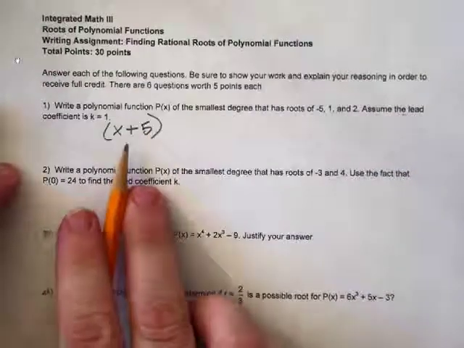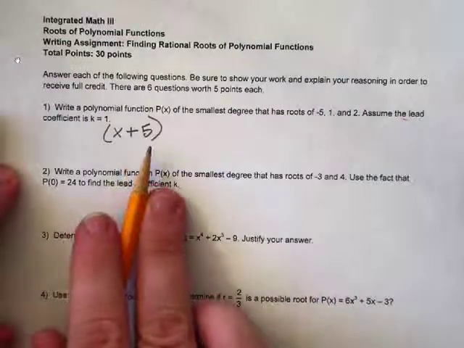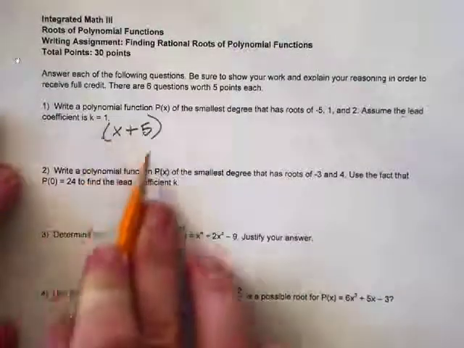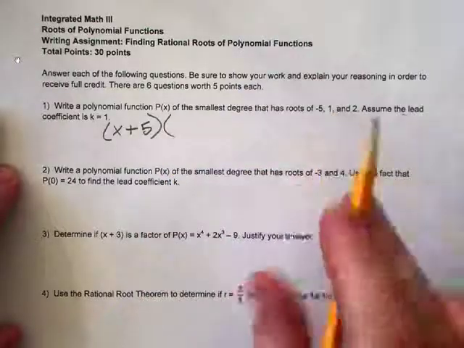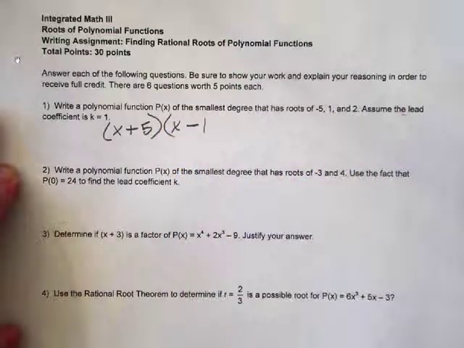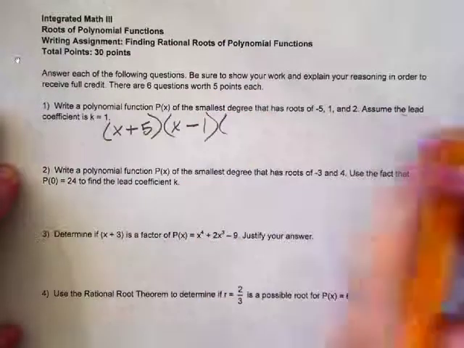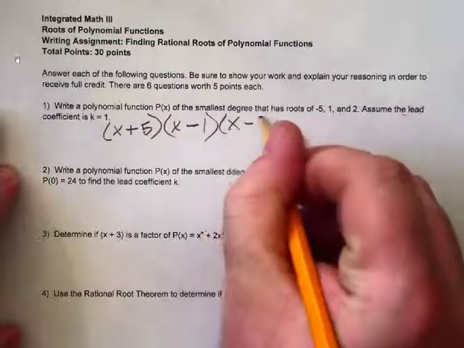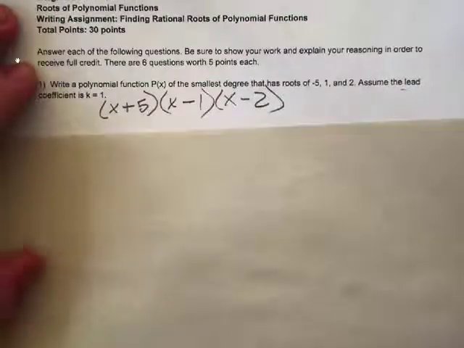The reason why that's plus 5 is because negative 5 plus 5 is 0, and the goal is to always get that equal to 0. Now if we have a positive 1, that would mean x minus 1, and 2, so we have x minus 2. Now we've got to put them together, excuse me.